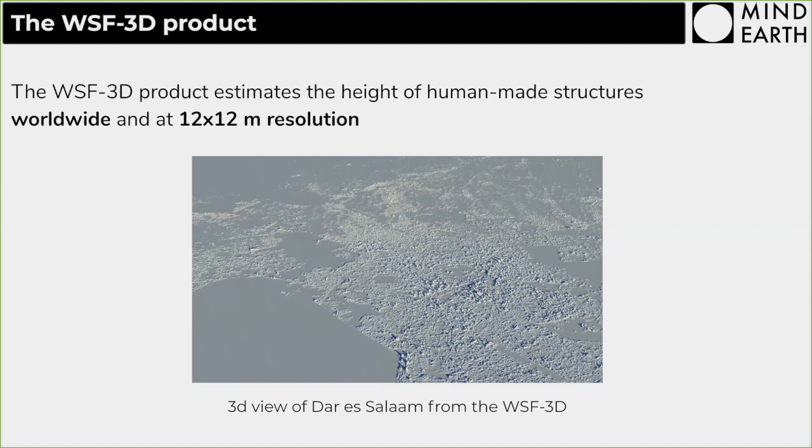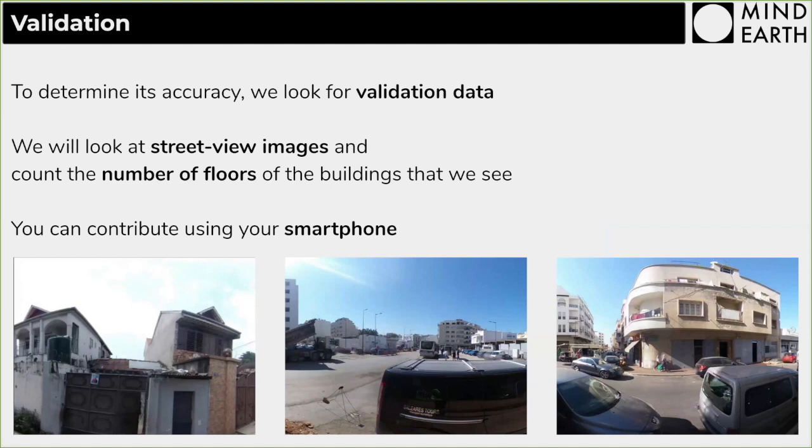To do that, we will look at pictures that have been captured from a street view, from people walking on the street, like the one you see here at the bottom. These pictures come from several cities in Africa and may also come from other cities in the world, to get the most comprehensive validation data possible.